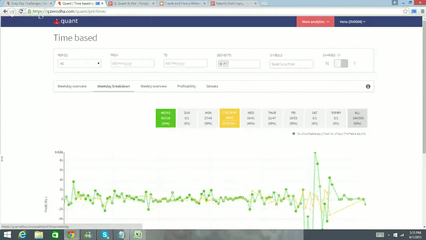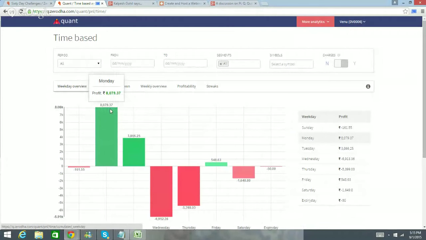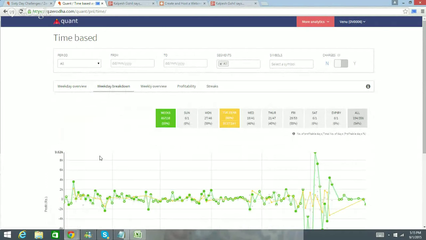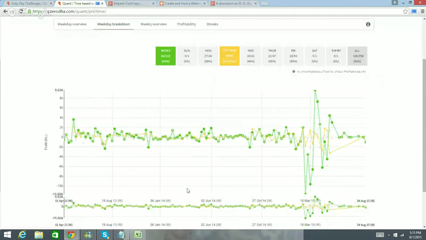And then you have weekday breakdowns. So this was in terms of how much money he made or lost on Monday by taking trades. A weekday breakdown will tell you the number of trades. See, 33 out of 48 trades Venu has been profitable on a Tuesday. So this is in terms of number of trades. The previous one was in terms of amount of money made or lost, right?